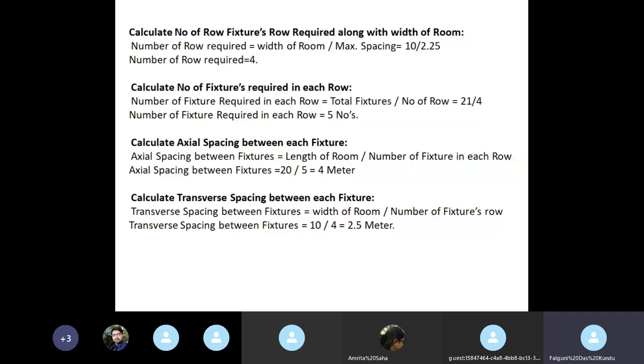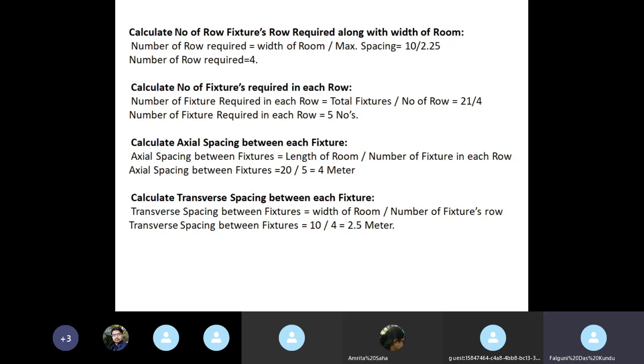Calculate the transverse spacing between rows, that means the vertical spacing. That is the width of the room divided by the number of rows, 10 divided by 4, that is 2.5 meter.